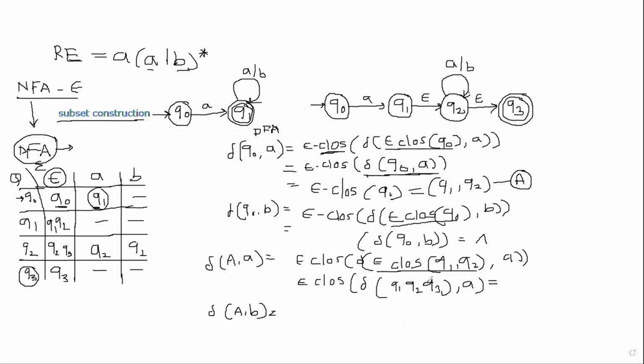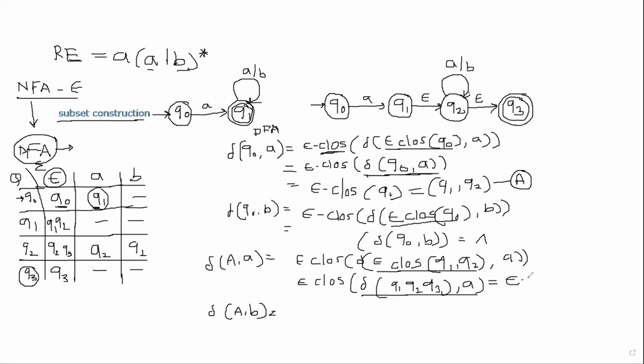So what happens with the Q1 Q2 Q3 with A? Q1 with A, null. Q2 with A, Q2. Q3 with A, no transition possible. So the solution of this bracket is Q1 with A, no transition, union Q2 with A is Q2, and Q3 with A is again no transition. So I will have the solution of this bracket as Q2 only.